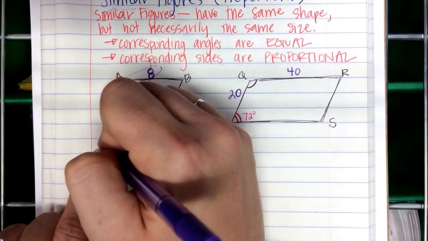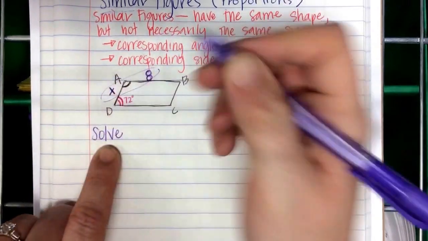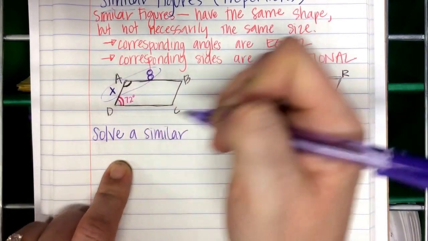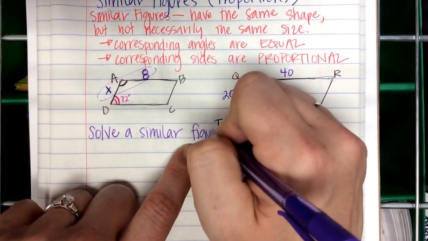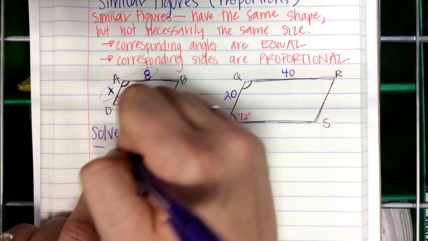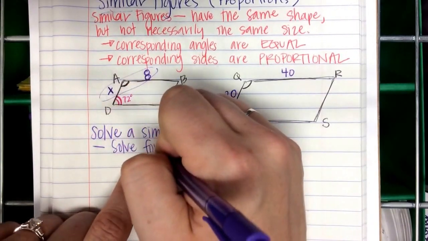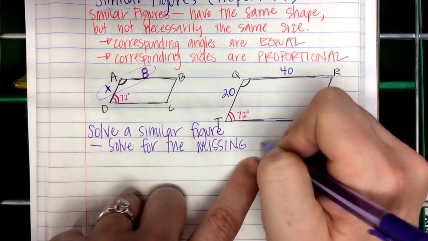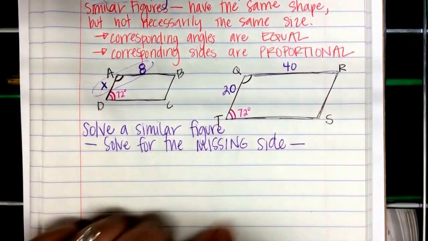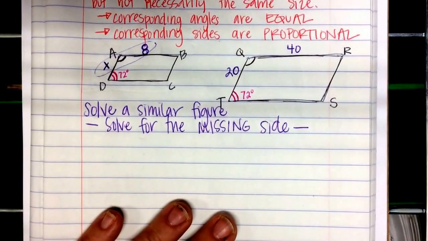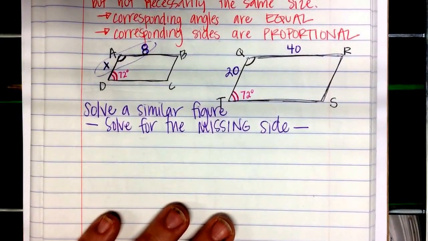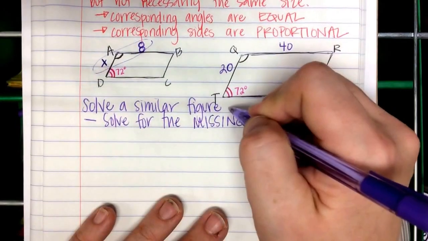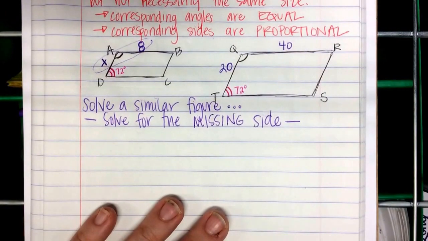So the steps to solve a similar figure, which is to solve for the missing side. What we're going to do today, we're going to be solving for a missing side.